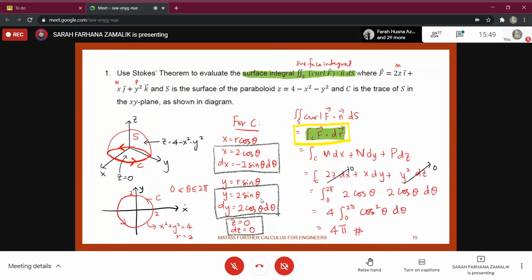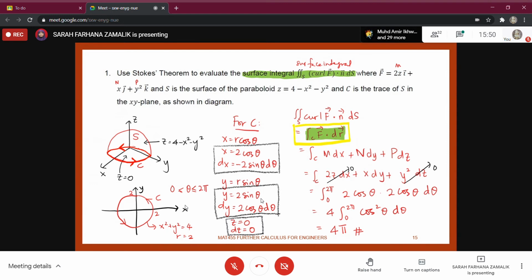In this case, you must know the equation for your C curve. Sebab tu saya tulis kat sini for C. Kenapa saya tukar semua in terms of theta? Because sebab ini circle, so lagi senang evaluate guna theta. Sebab apa? Bila ada single integral, awak nak pilih variable mana awak nak evaluate, depend.